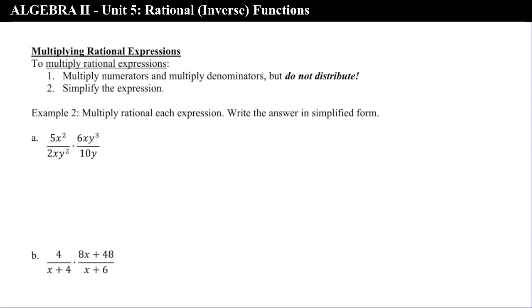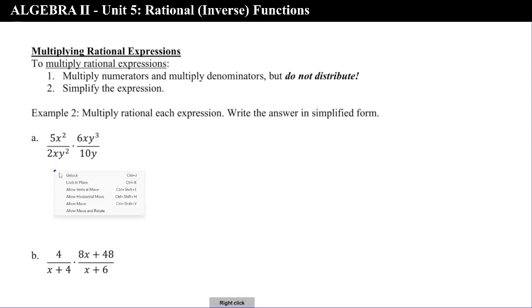Now let's talk about multiplying rational expressions and what that looks like. To multiply rational expressions, all you have to do is multiply the tops and multiply the bottoms. Do not distribute anything. You do not need to distribute when you do this. And then you'll simplify the expression from there. So let's start with this first one.